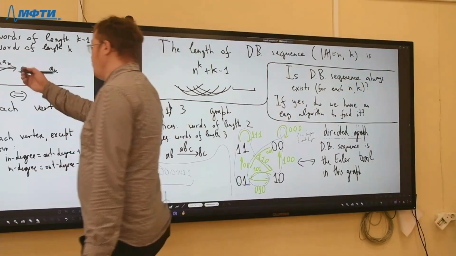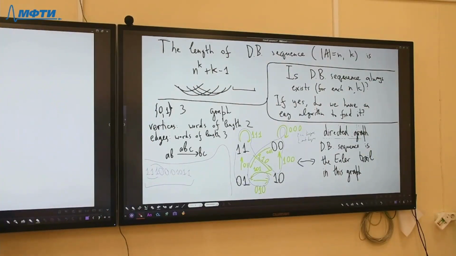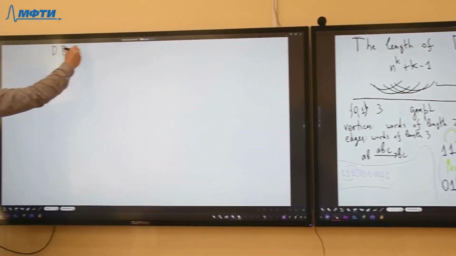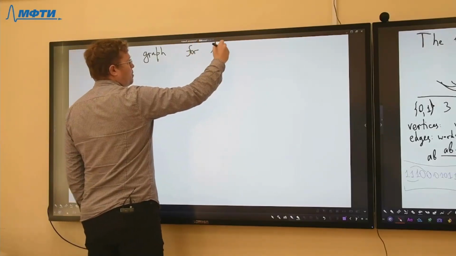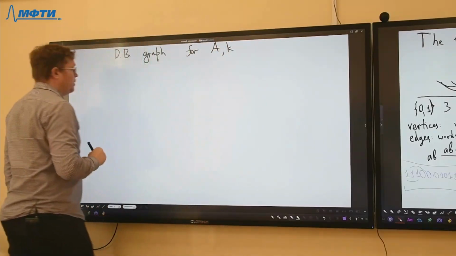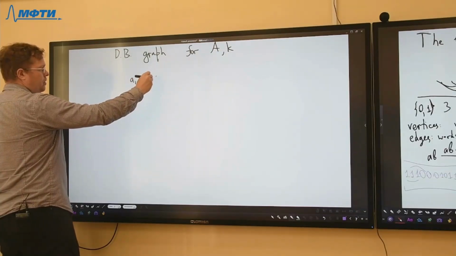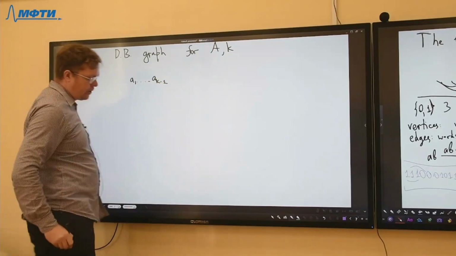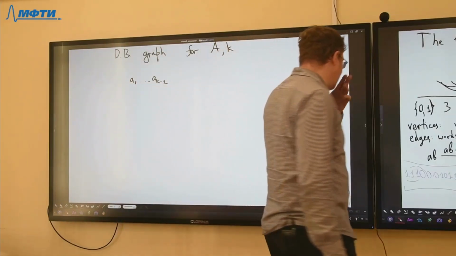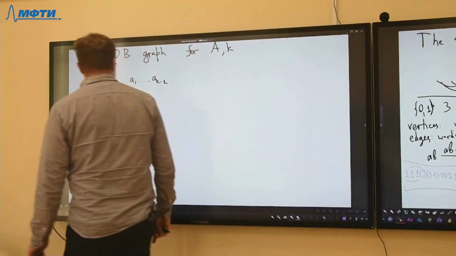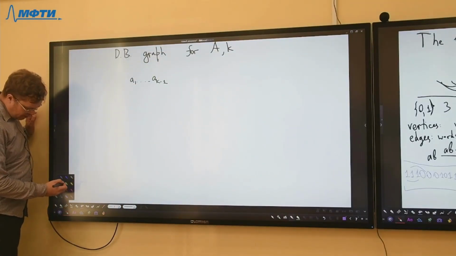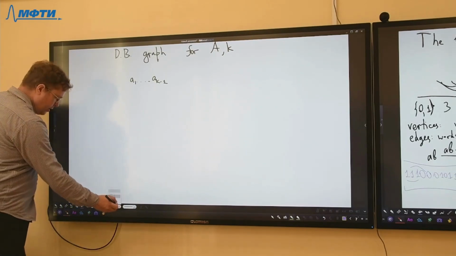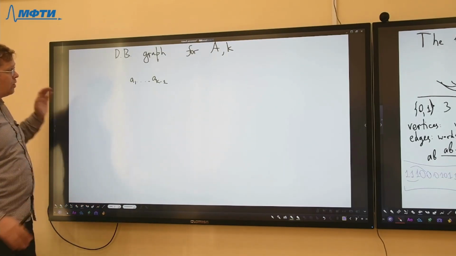But for arbitrary n and k, let's look at this graph. It is sometimes called the De Bruijn graph. For arbitrary n and k, our vertices are all the sequences of length k minus 1. If we calculate the number of edges going in or out of this vertex, what edges are going out?